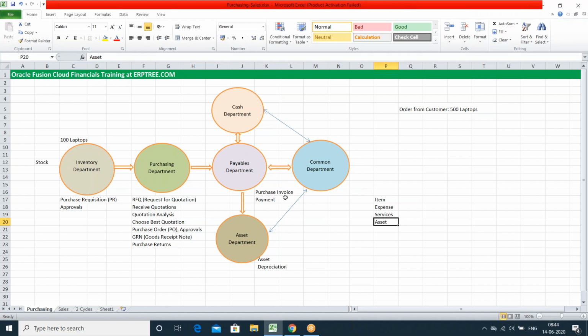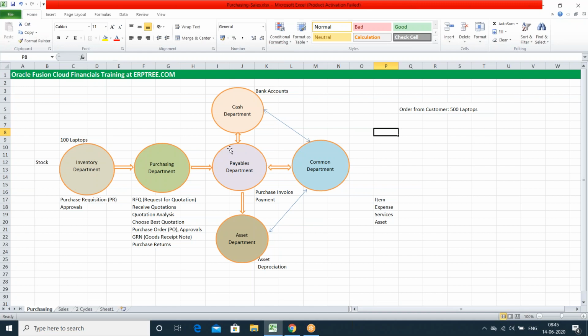Now the payables department will share this payment information with the cash department. What is the responsibility of the cash department? The cash department maintains all the books, I mean the bank accounts owned by the company.